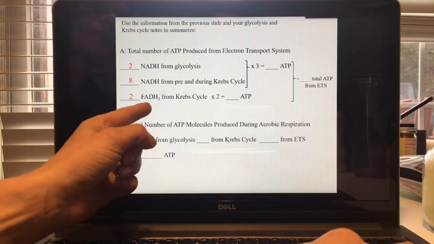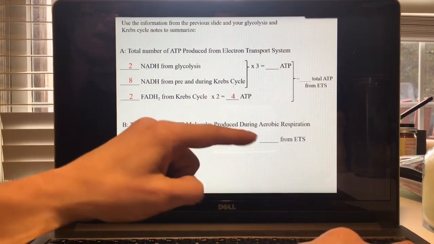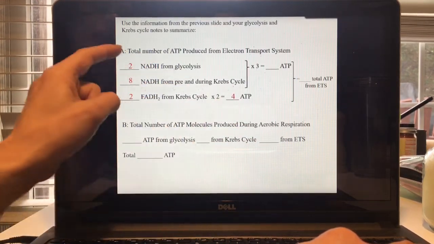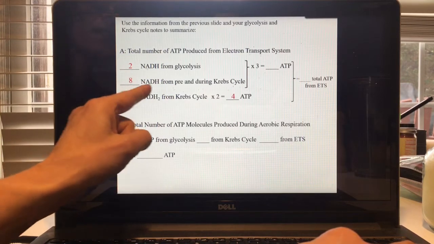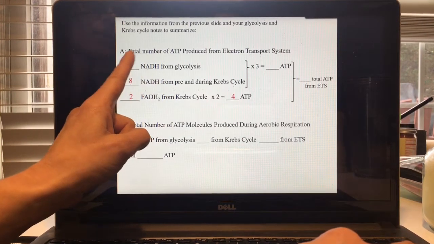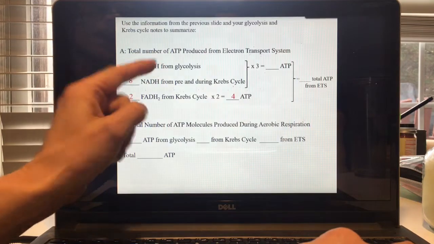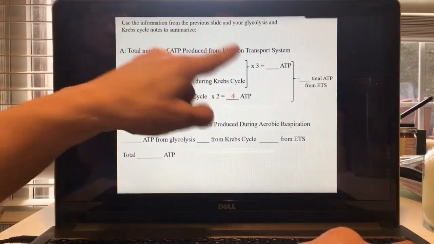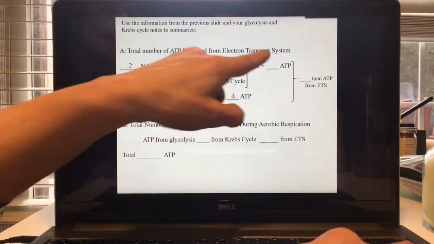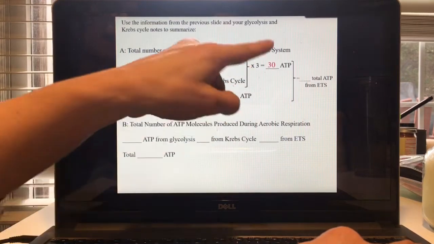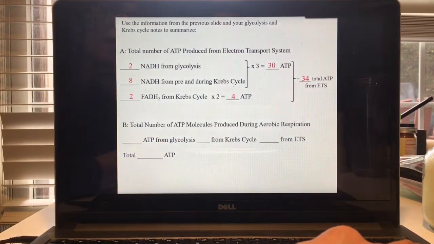Now remember, for every FADH2, we get 2 ATP, so 2 times 2 is 4. And then if we add the total number of NADH produced during glycolysis and Krebs cycle, we get 10. 10 times 3, because remember, NADH powers 3 pumps, we get 30 ATP. And if we add 30 and 4 together, we get 34 from the electron transport system.